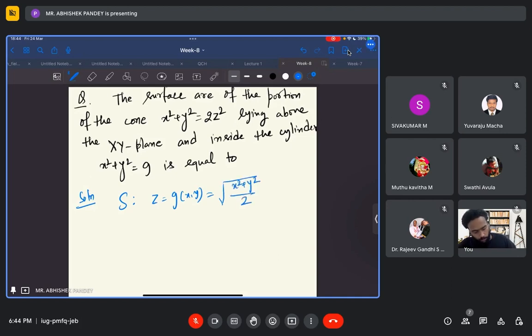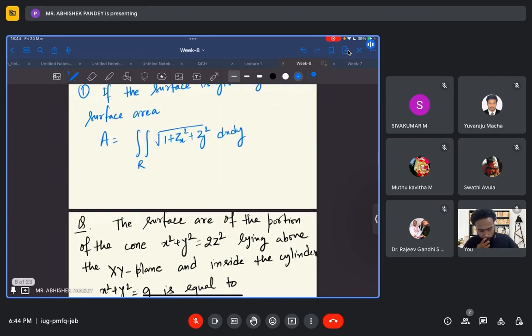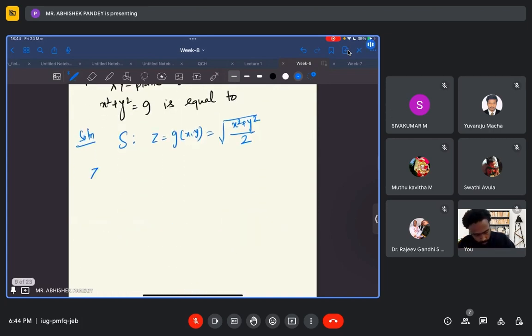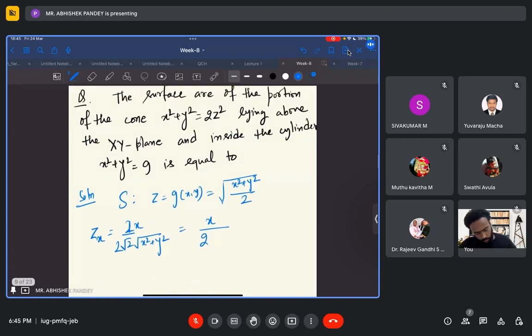Okay, so now just put it in this formula. Zx is basically 1 by root 2 times x square plus y square into 2 into 2x. So this will be x by 2, so x by root 2, this one.